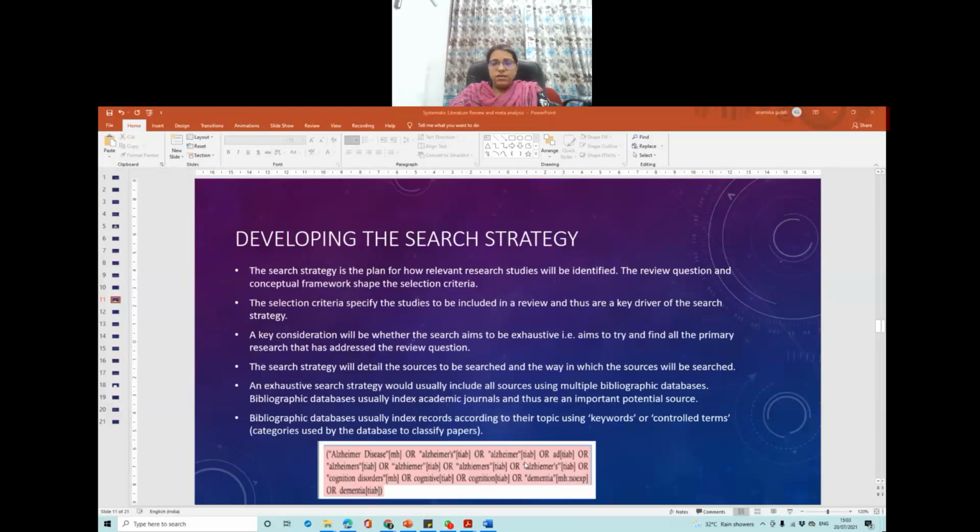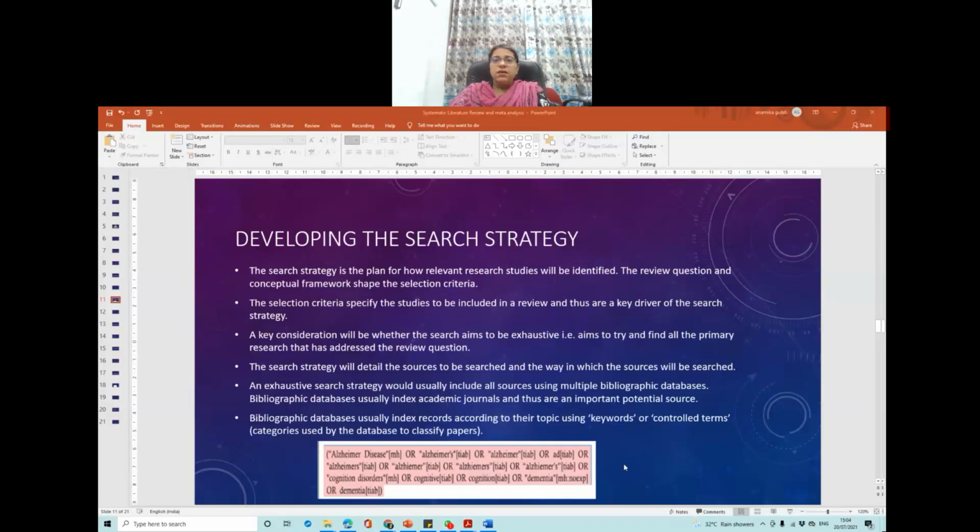We have three Boolean terms. Where we are using the synonyms of a particular term, then we use or. If we are interested in including two terms that should be present in your particular article, for example, technology and education, then to combine them we use and as a Boolean term.